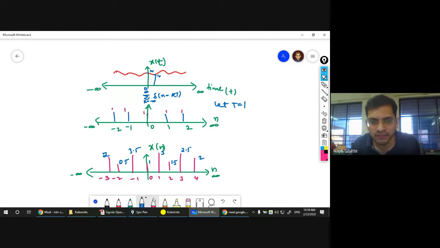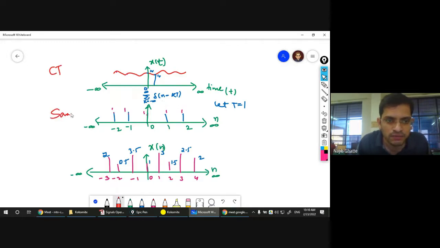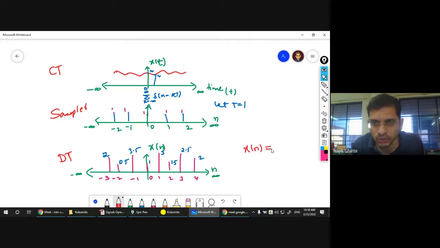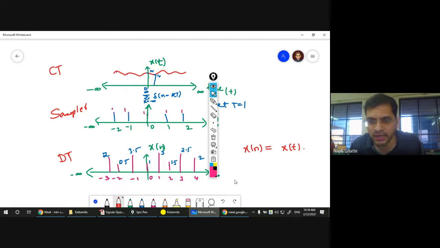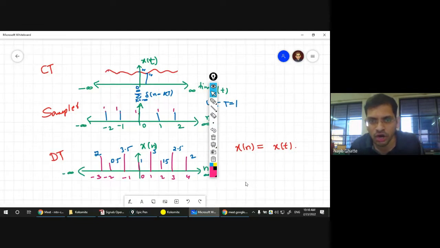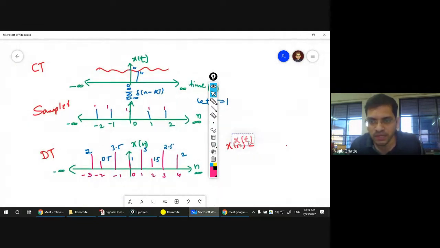So I can say, in order to understand in a better way, yes, sir, this is a continuous time signal. This is a sampler, which we call a Comb function or a Dirac function, and this is a discrete time signal. Okay, is it clear to you, sir, what I'm trying to say? So I can say x of n is equal to x of t multiplied by the summation of... what will we write there, sir?